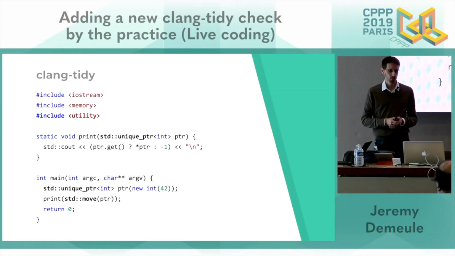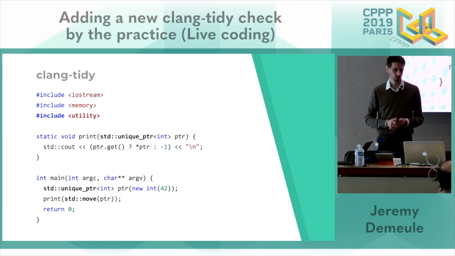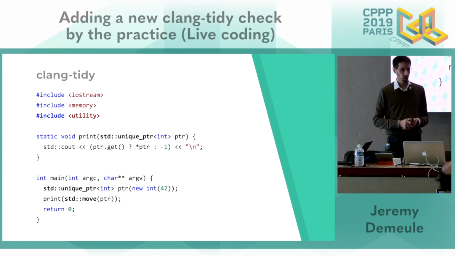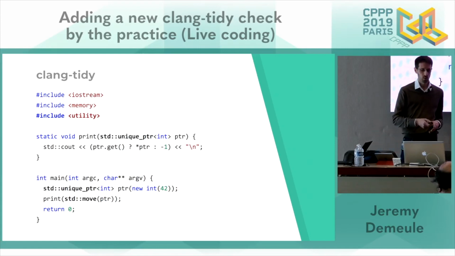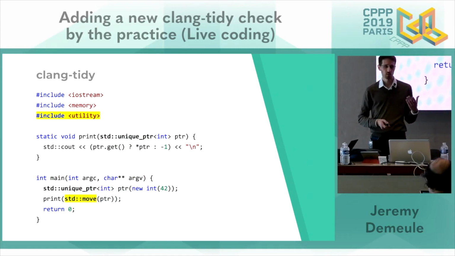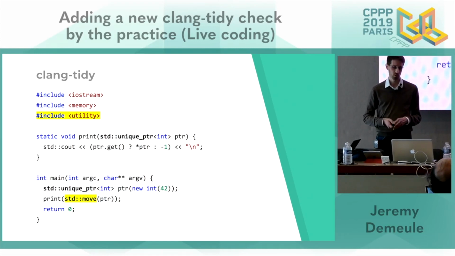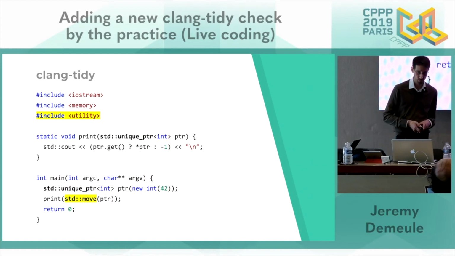For auto_ptr, we can use clang-tidy with modernize-replace-auto-ptr. As with search and replace, auto_ptr becomes unique_ptr, but now we can notice that the ownership transfer is correctly handled, and the utility include was added to make it compile with move.